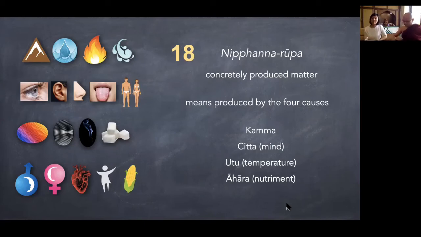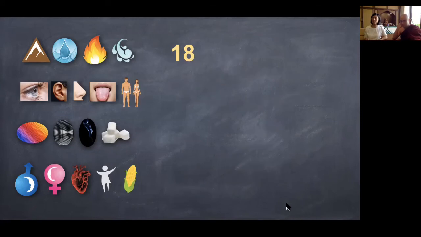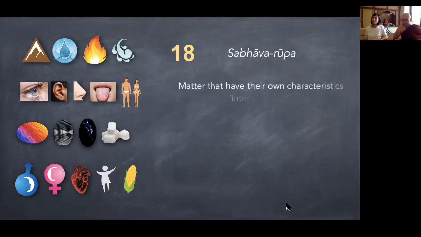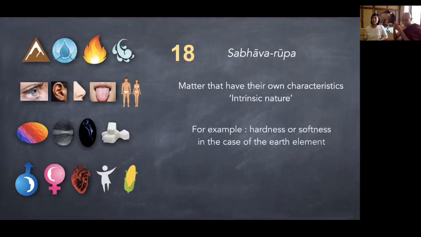So of these 18 matters, only these 18 types are called matters that are concretely produced by the four causes, okay? Now, these 18 types are also called Sabhava-rupa. Sabhava-rupa means matters that have their own characteristic, their intrinsic nature. For example, hardness and softness in the case of the earth element.